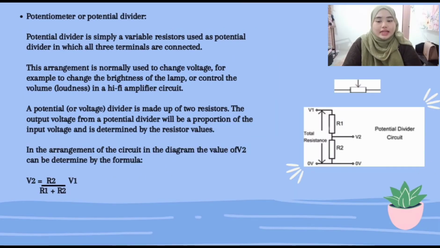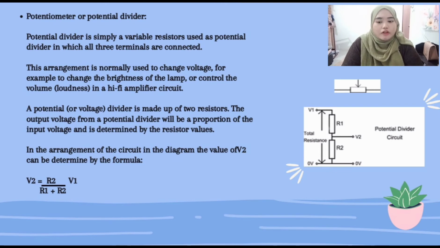Okay, the last that I will talk about is potentiometer or potential divider. A potential divider is simply a variable resistor used as a potential divider in which all three terminals are connected. This arrangement is normally used to change voltage, for example, to change the brightness of a lamp, or control volume loudness in hi-fi amplifier circuits.